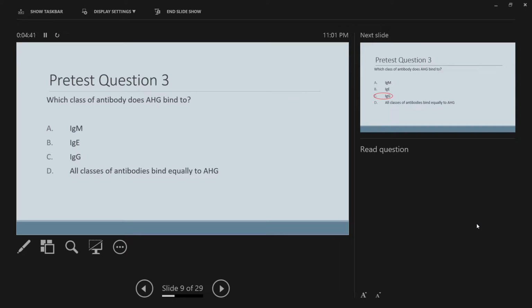So, which class of antibody does AHG bind to? A, IgM, B, IgE, C, IgG, or D, all classes of antibodies bind equally to AHG.